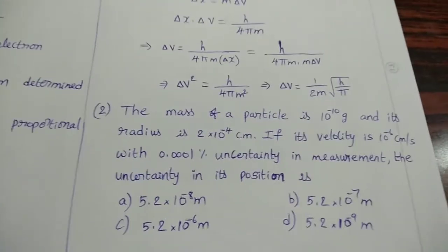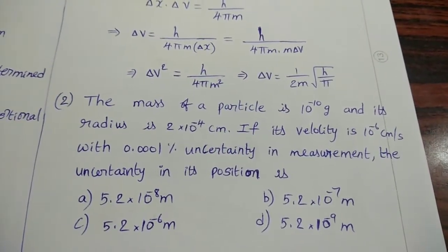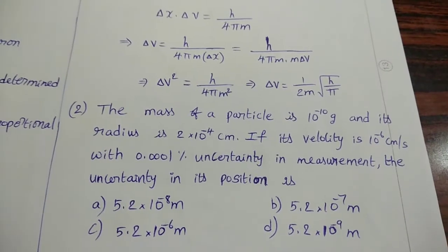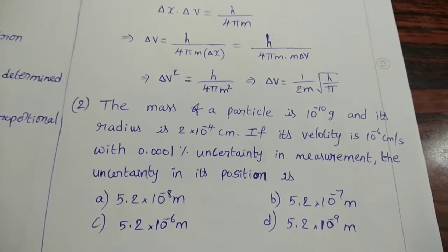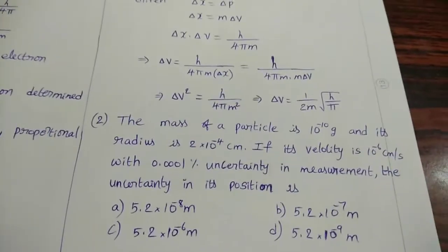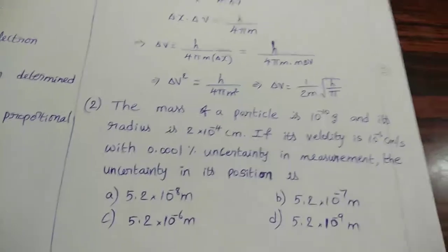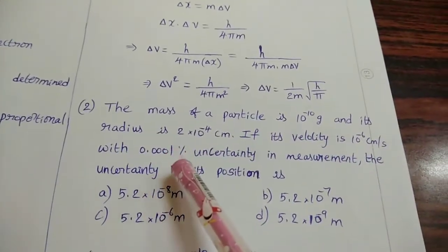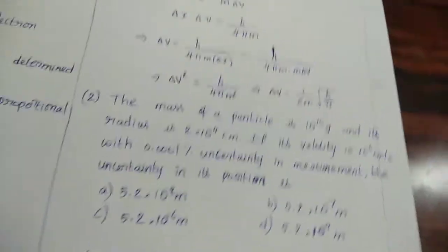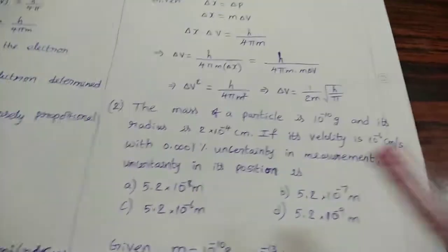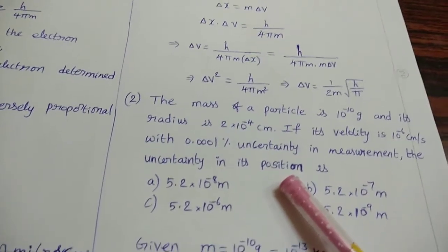See the next one. The mass of a particle is 10 power minus 10 grams and its radius is 2 into 10 power minus 4 centimeter. Its velocity is 10 power minus 6 centimeter per second with 0.0001% uncertainty in measurement. The uncertainty in its position, delta x, we should calculate.